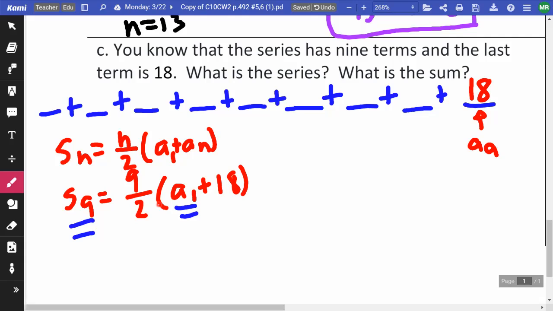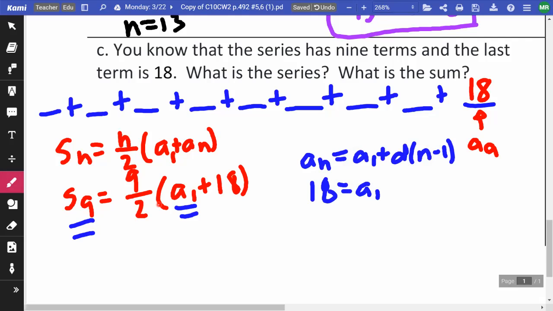If I use my other formula, A sub n is equal to A1 plus D times n minus 1. Let's see if I get anywhere with this one. In my case, I know that term is 18. I don't know my first term.